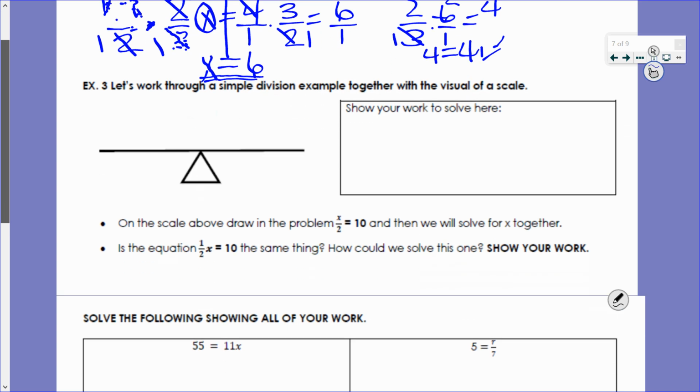Okay, our next one. On the scale, we're going to solve x over 2 equals 10. So here's our equal sign. On the scale, I now have x. My box x is again divided into 2. On the other side, I have 10.